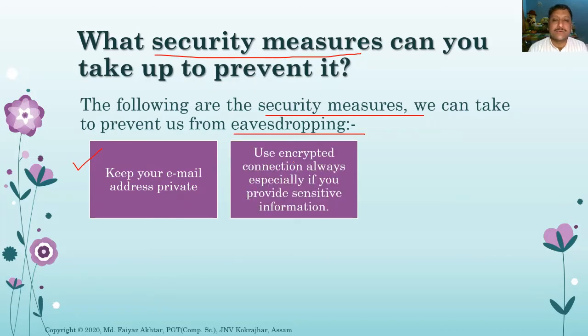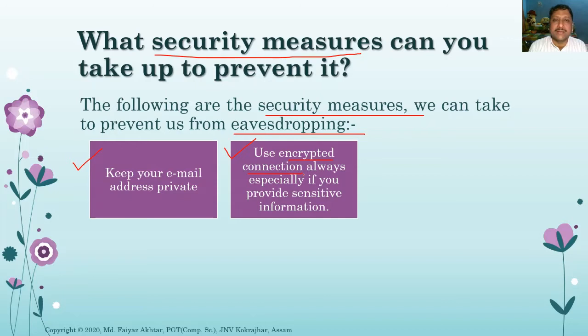Next, always use an encrypted connection, especially if you provide sensitive information. How will you get this encrypted connection? Encryption means that while sending information over the internet, your information is sent in coded form.